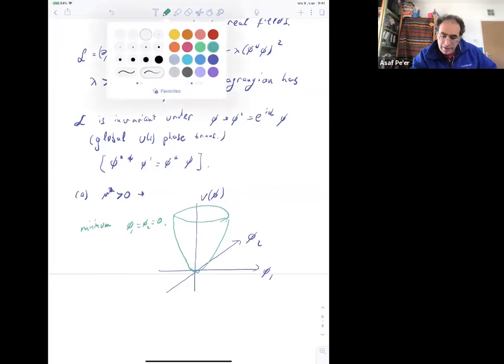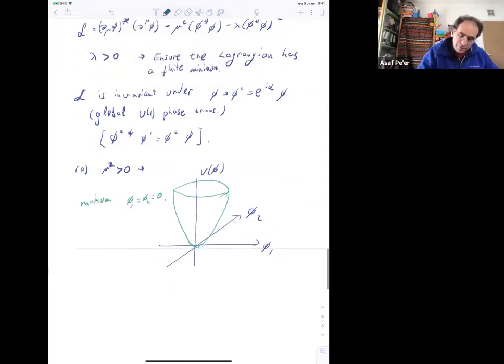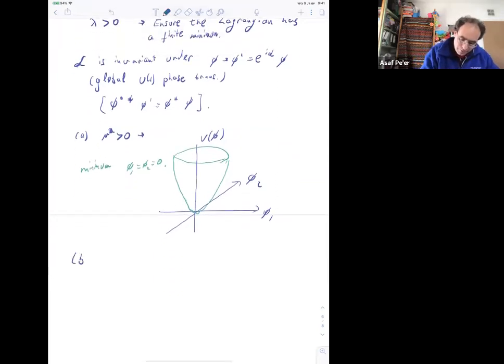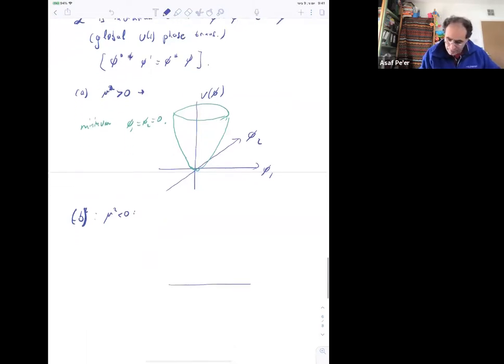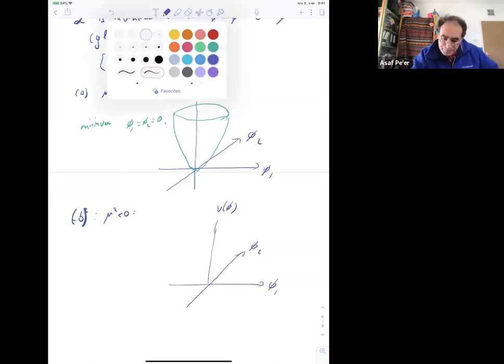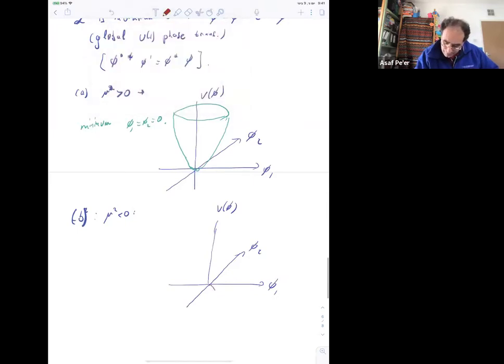Of course, the interesting case is what happens if mu squared is smaller than 0. And again, if I have to draw, then what we get is something that looks like a Mexican hat of some kind.